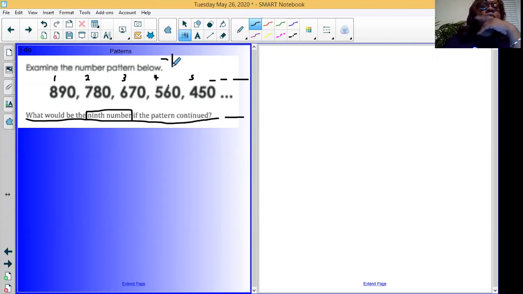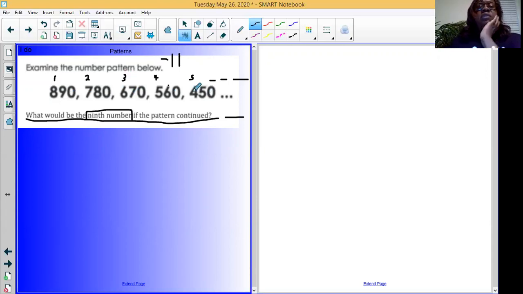Okay? We also notice that when we look in the tens place, we have a 9, an 8, a 7, a 6, a 5. So that's 90, 80, 70, 60, 50. So it is decreasing in the tens place by 10.